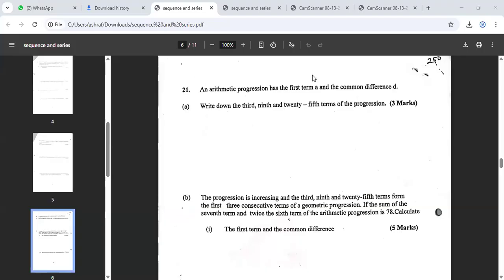I got A as 6 and D as 3.75. You got A as 6 and D as 3.75. Yes. That's correct. Good. Anyone else? Let's share our answers.